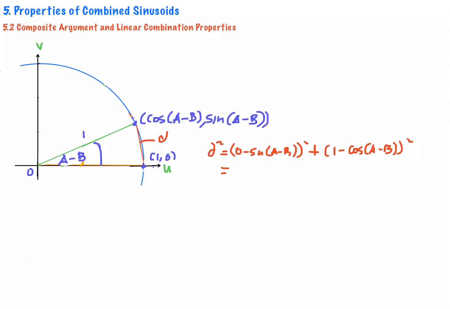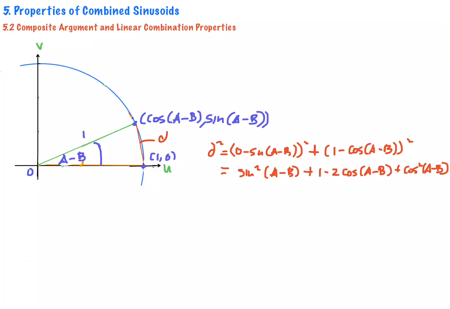And let's try to expand it. We have negative sin(A minus B) squared, so treat this as one term, that will be sin squared (A minus B), plus 1 minus 2 cos(A minus B), and then plus cos squared (A minus B). So this is how we obtain it.